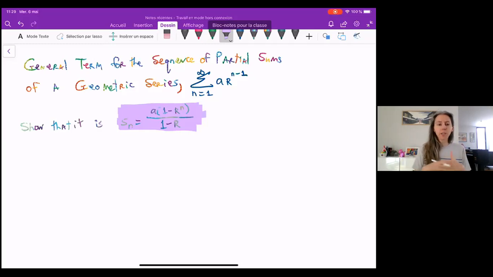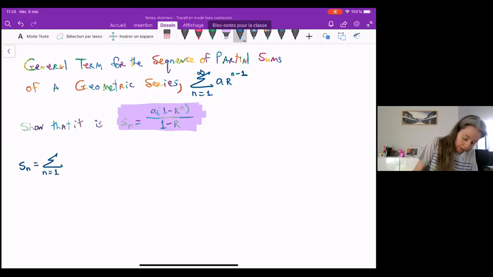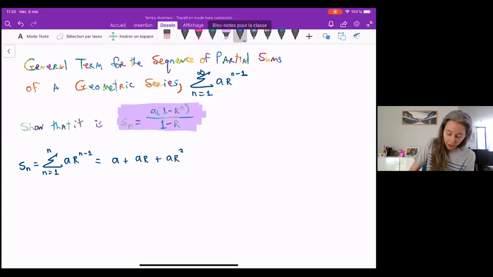We're going to start off by just expanding the geometric series to the nth term. So s sub n is the sum n equals 1 all the way up to n of a r to the n minus 1. Now I'm going to expand this. When I plug in 1, I get a, then plus ar, then plus ar squared, then plus ar cubed, plus dot dot dot, plus.